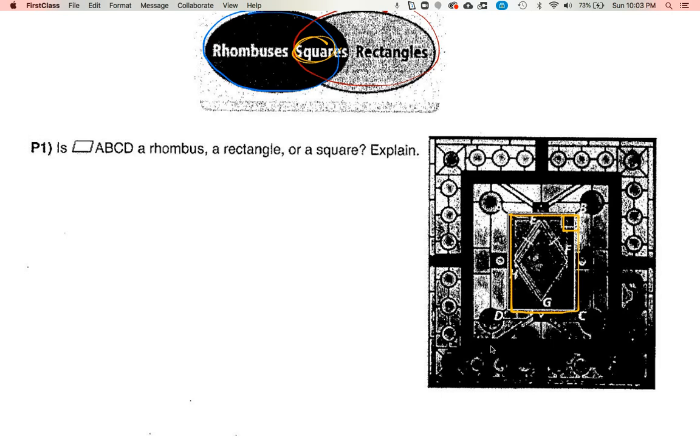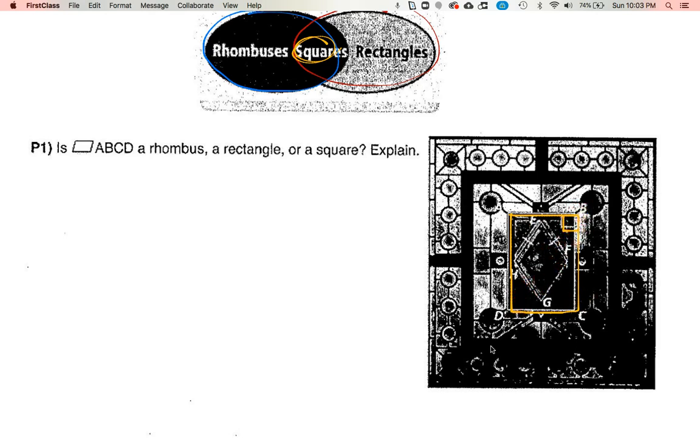And we know if it's a parallelogram, if we think back to the previous section, if that's 90 degrees, it has to be supplementary with this. So this is 90, and opposite angles are congruent. So all 4 of those are 90.